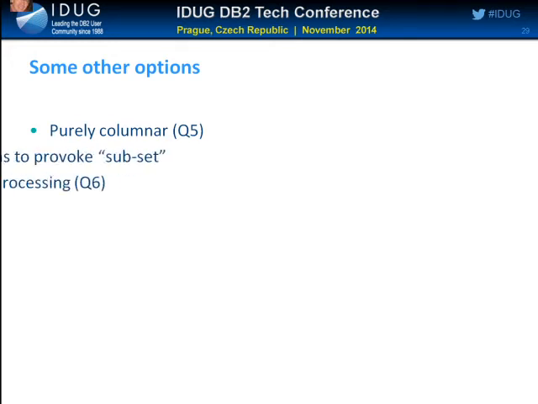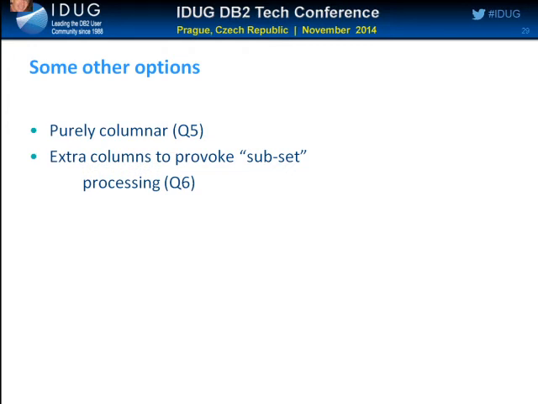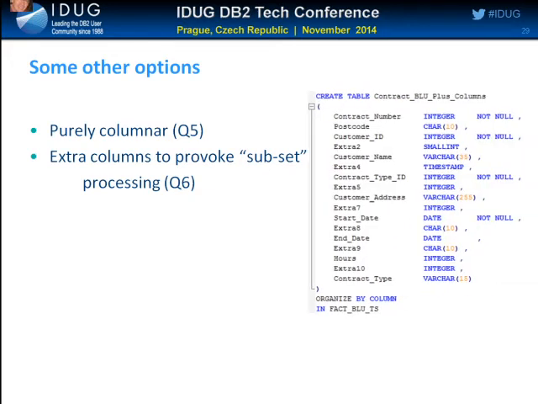One of the things that column organized data is specifically targeted at is subsets of columns. So if you remember, my contract table is only half a dozen columns, and I'm usually looking at 4 or 5 of those. It's not really a subset. So I put together a test where basically I just padded it out.